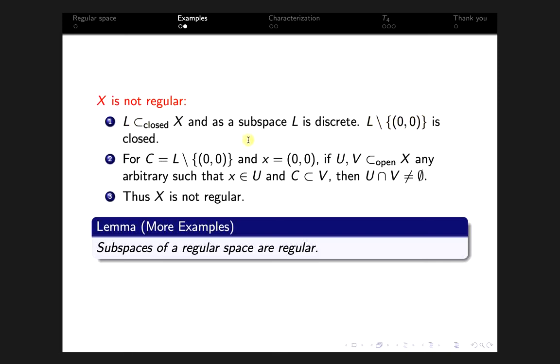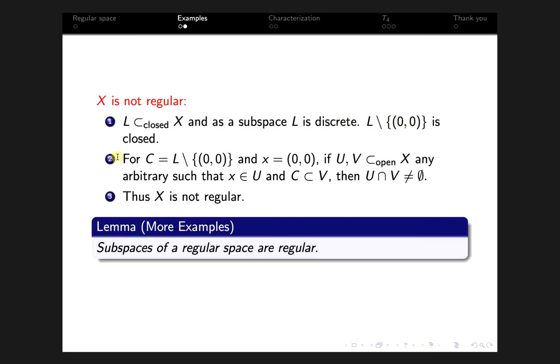Why is this a closed subset of X? Because L is closed in X. Okay, L is closed in X because the complement of the y-axis is open in the slit disk topology on R2, and that is basically equal to X. So L is closed, and the subspace topology on L is discrete. Therefore L minus the point 0 comma 0 is closed.